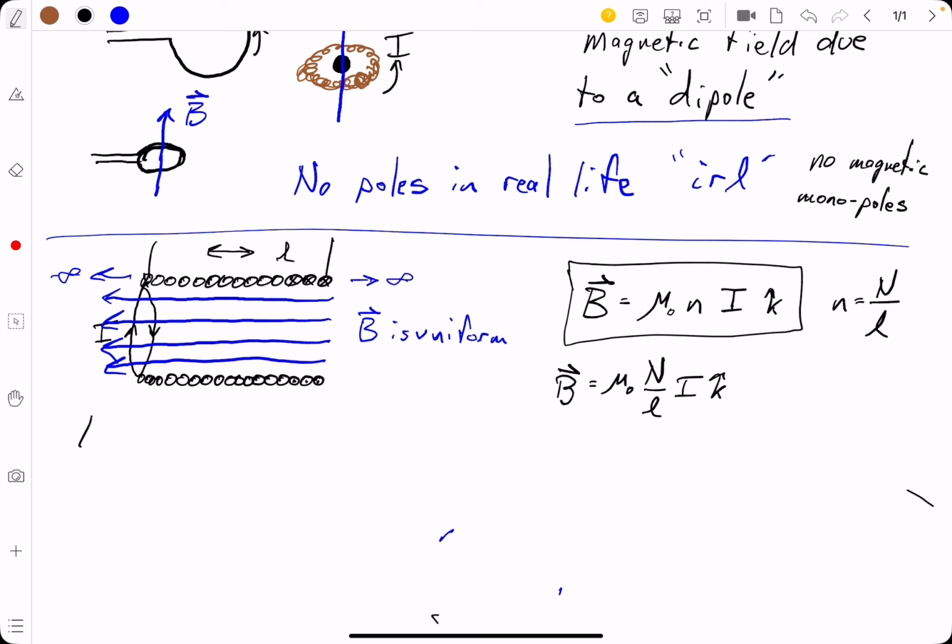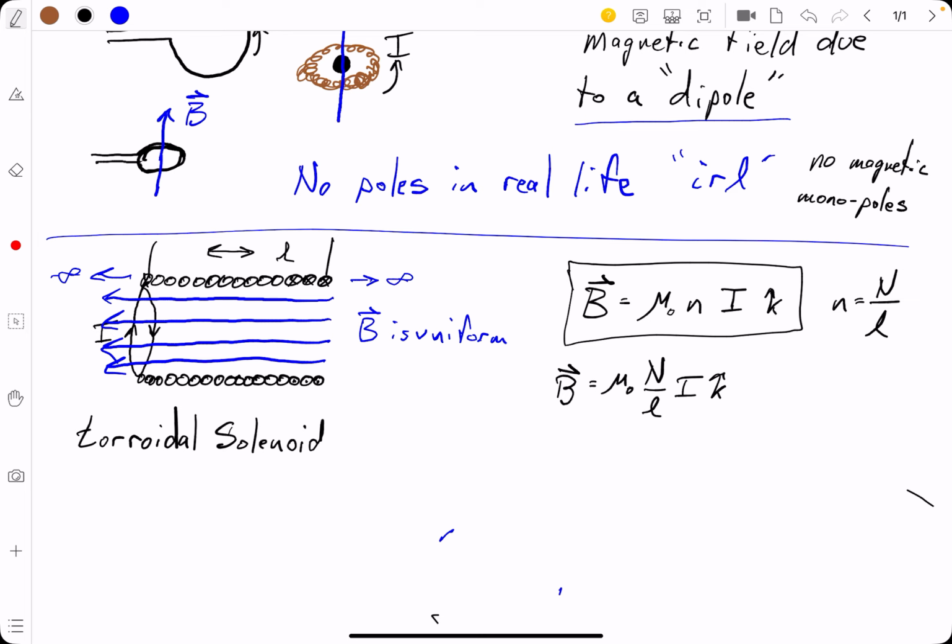The technical name for this is a toroidal solenoid. Okay. And we've got some in the class.